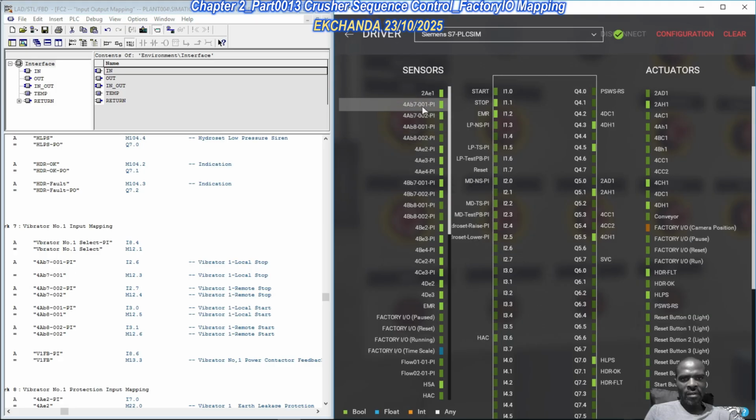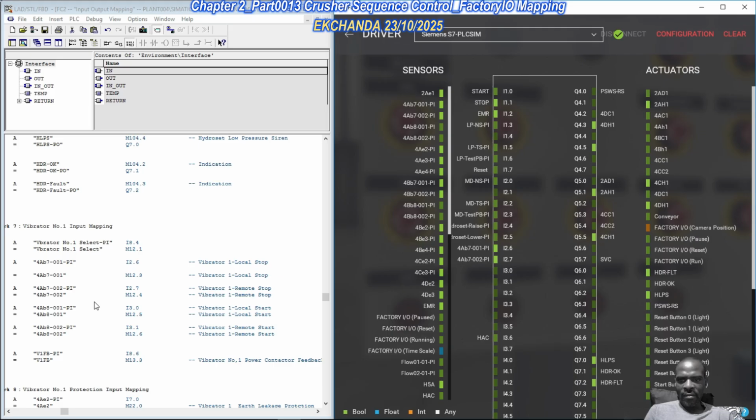4AB7 001 is mapped to input 2.6, and then 4AB7 002 is mapped to input 2.7, like so.